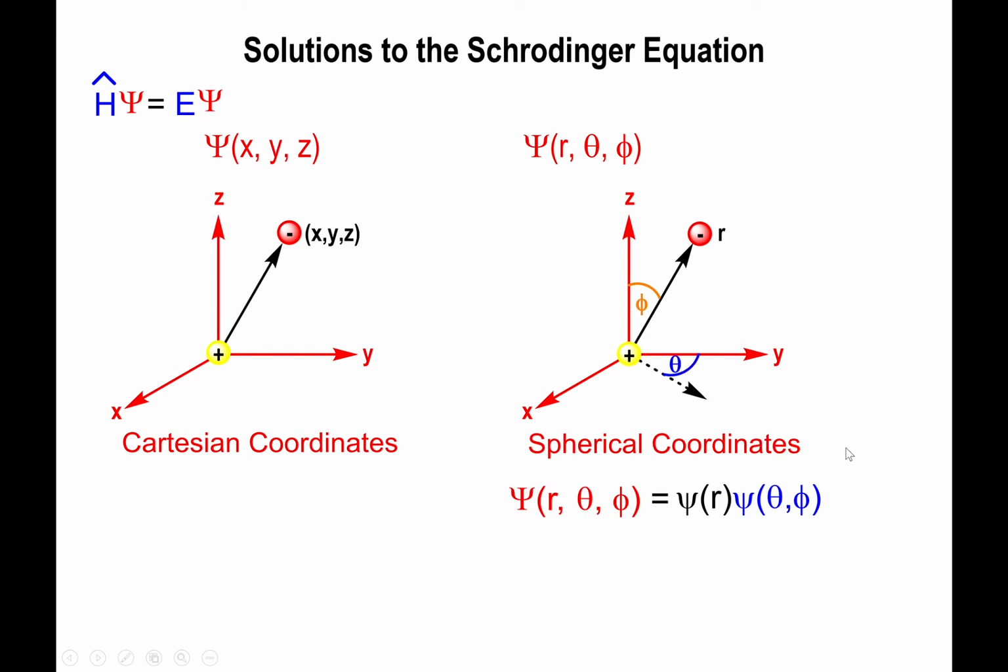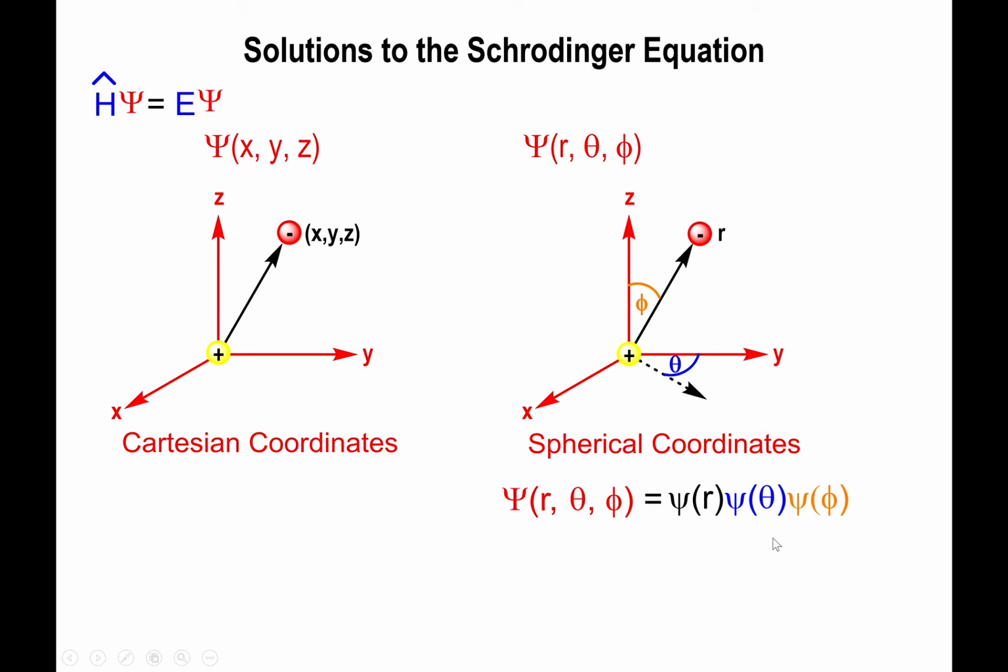And so you actually have a multivariable function, a three-variable function specifically. And so you could actually rewrite this as a combination of three individual functions, one that contains only radius information, one that contains only theta information, and one that contains only phi information. And multiplied together, they give you the overall wave function.